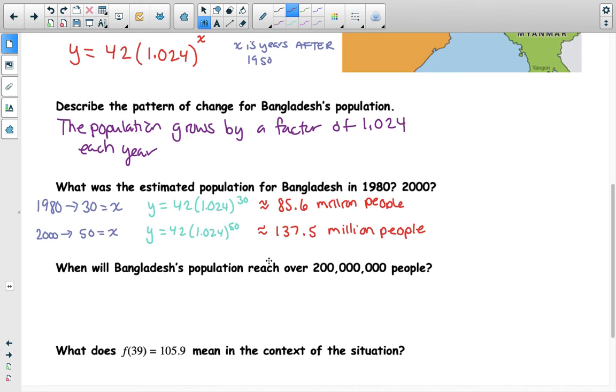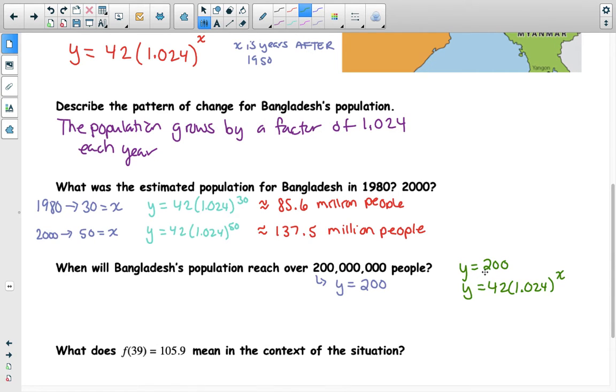When will Bangladesh's population reach over 200 million people? We have 137 million here. Instead of writing 200 million out, we would write the y value as 200 because we're already in millions. If we were to graph this, or use our table, we would use y equals 200 and y equals 42 times 1.024 raised to the x.